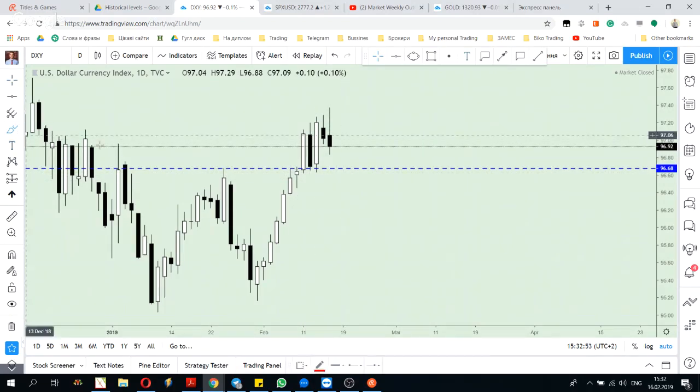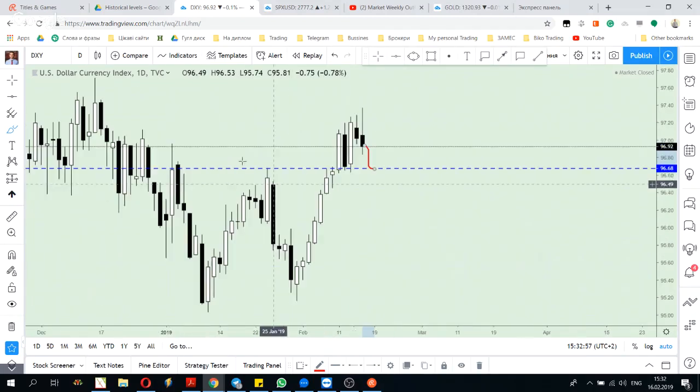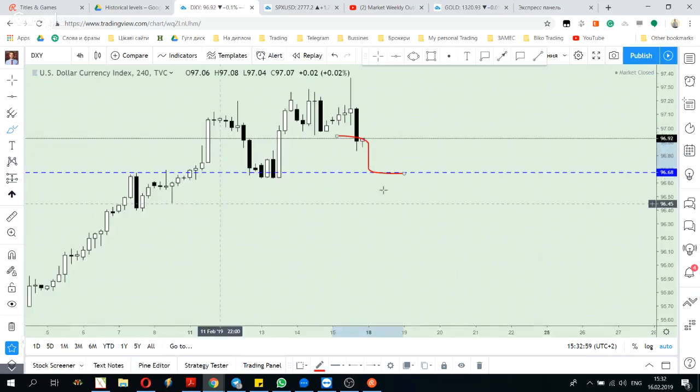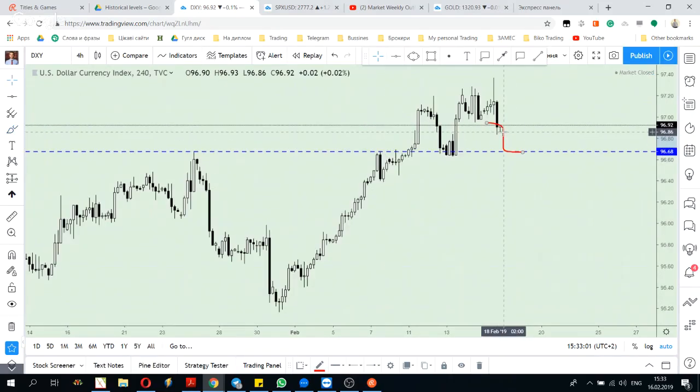Next week, we need to see how the price will react on this level. If the price will respect that level and, for example, make a fake broke, that will be a good buy entry.